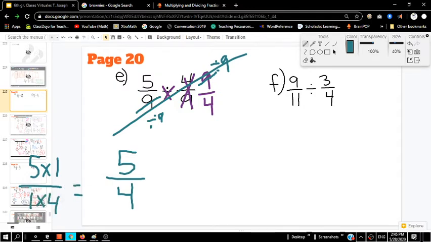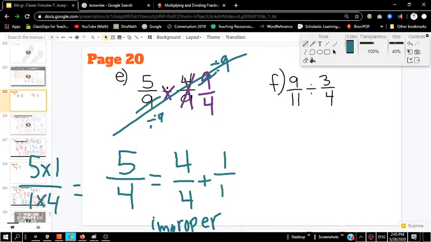Now this fraction is not simple. We need to simplify it. This is an improper fraction, which requires simplification. I know that I can find a whole number within my improper fraction just by separating it out. Well, 5/4 is the same thing as 4/4 plus 1/4.